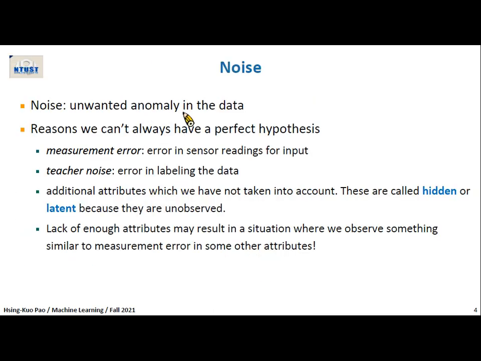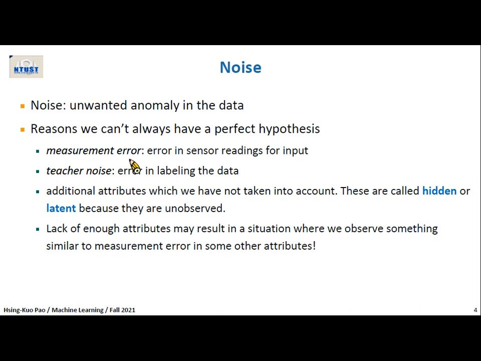Noise is an unwanted anomaly. In fact, there is more than just one kind of noise, such as measurement error. Before now, we just talked about measurement error. Maybe we can be more specific. Here we talk about the classification problem; we haven't moved on to the regression problem yet.